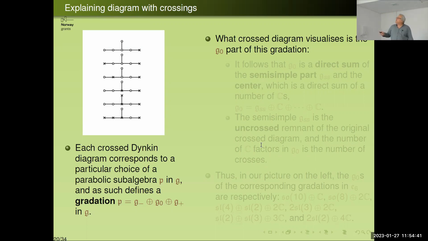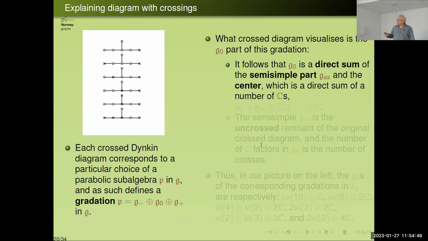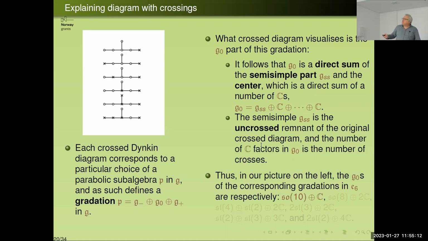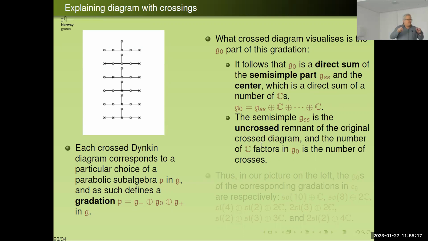So G0 is a direct sum of the semi-simple part and the center, which is a direct sum of a number of copies of C. The semi-simple part is precisely what remains of the diagram when you get rid of the crosses. So this is how this G_SS looks, and the number of copies of C is how many crosses you put.